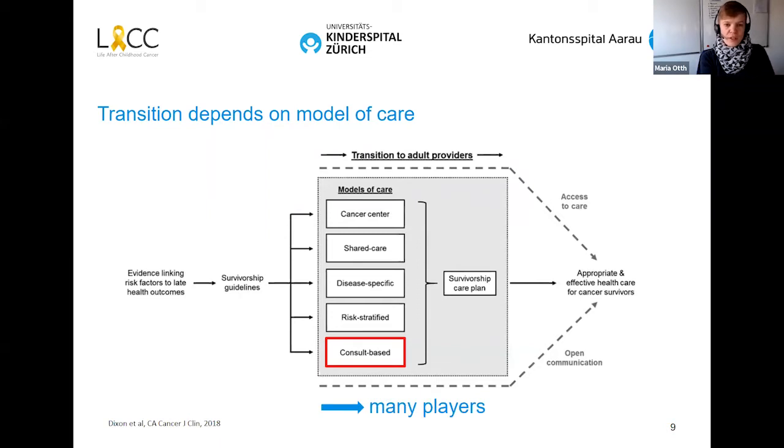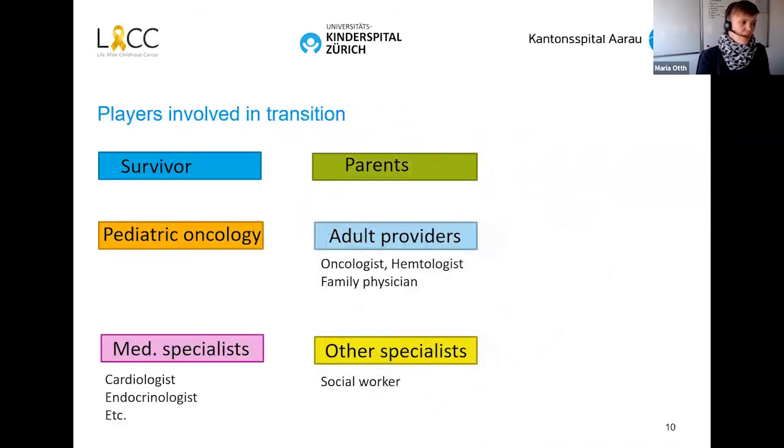On the other hand, as already highlighted by Gisela, there are many players involved in such a transition process, and it's really important that it's multidisciplinary. These are just some key players in transition.